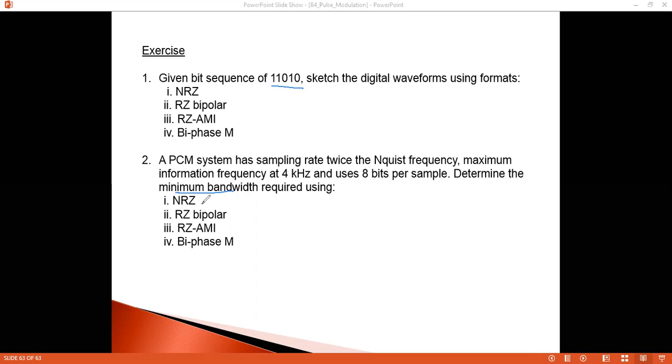So first we need to find the FB, the bit rate, which is N times FS. N is already given, 8 bits. FS, it says here, sampling rate is twice the Nyquist frequency. So FS is equal to 2Fn, and our Fn is 2Fm.